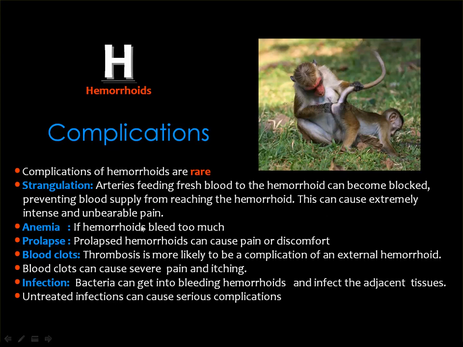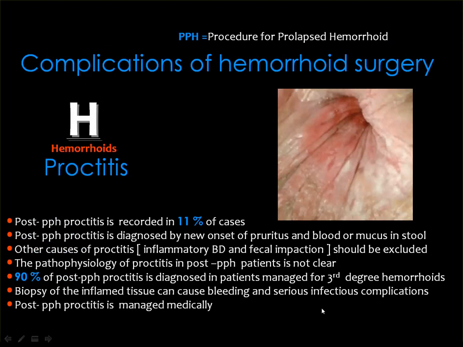Then anemia may result from too much blood loss. Prolapse: the hemorrhoids may prolapse and cause pain and discomfort. Blood clots and infection. Infection needs intensive management because of the serious complications.